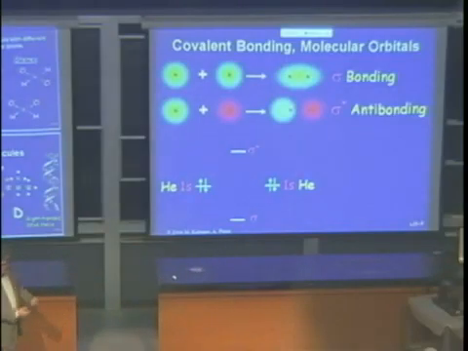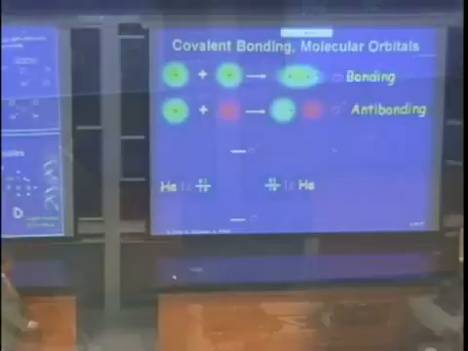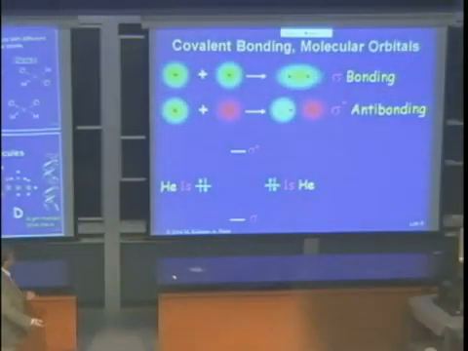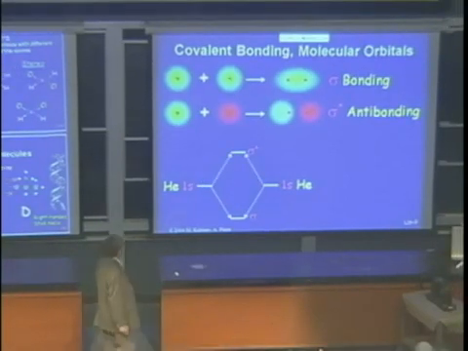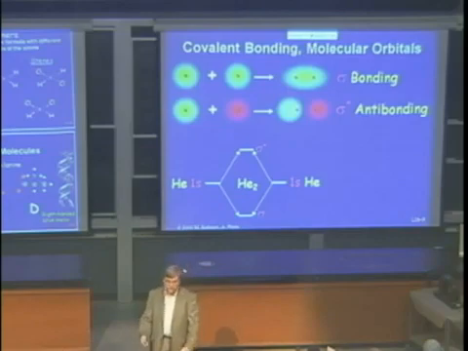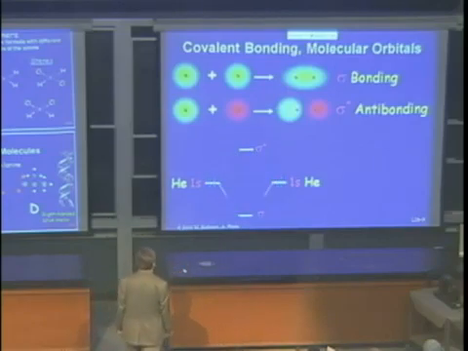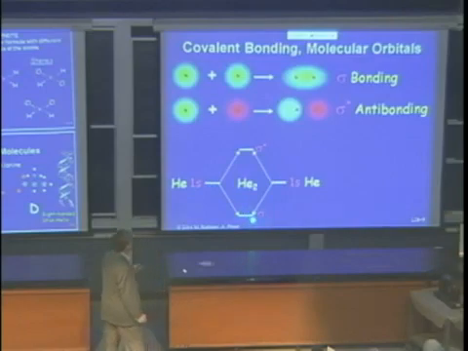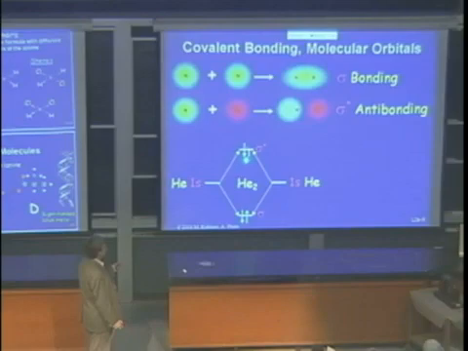So we form a bonding orbital, still at the 1s, which has to look like this: a bonding sigma orbital and an anti-bonding sigma star orbital. Now we fill these electrons in. There were 2 on each side, so we can fill in 2 here, and we have to fill in 2 here.